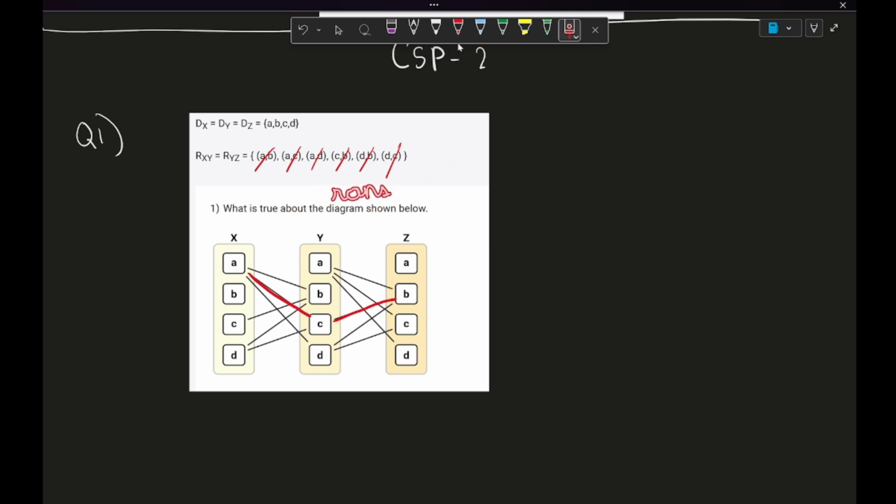Can we do that? You mean you are saying composition function? No, like, there are three types of relations, right? There's reflexive, then symmetric, and then transitive, right?